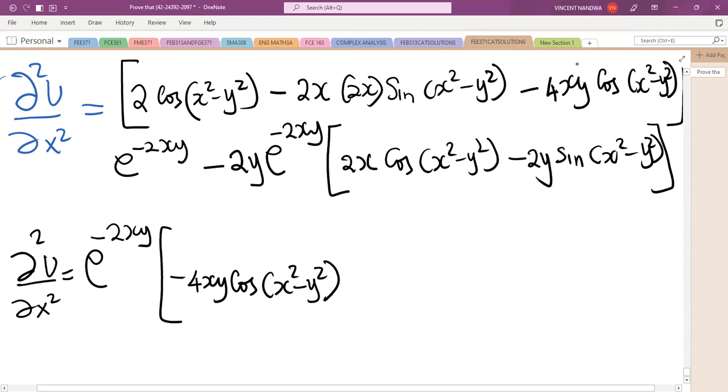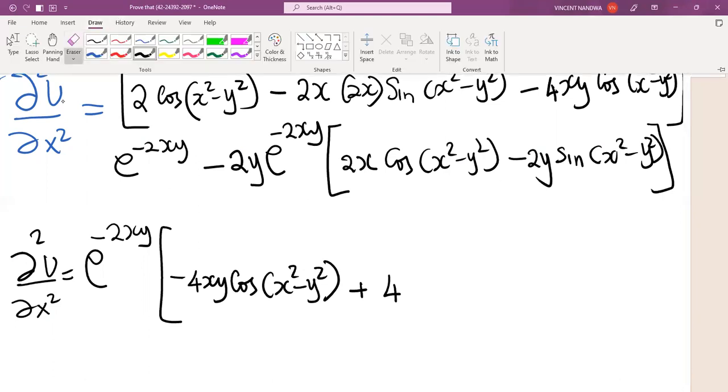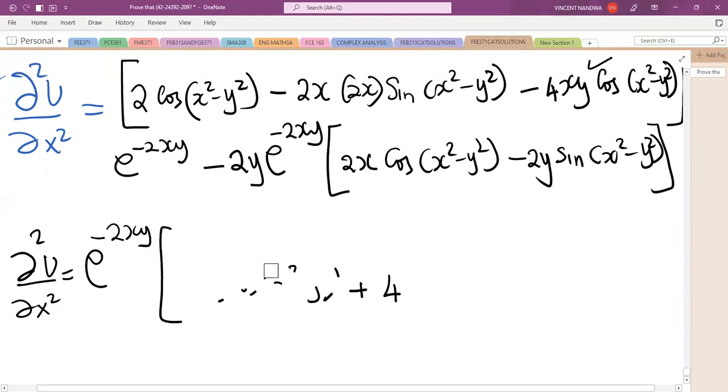So I've written this term. And then next plus 4. Okay, so let's just start by the first one on the left.